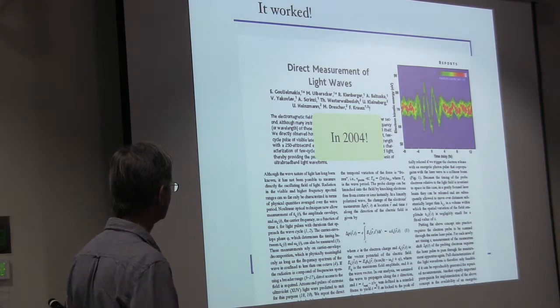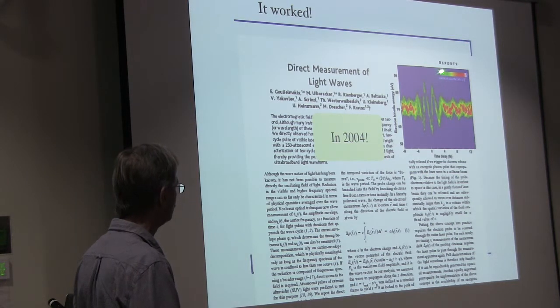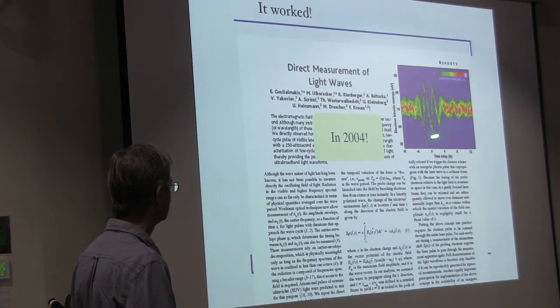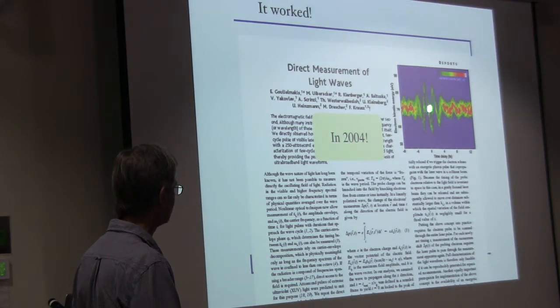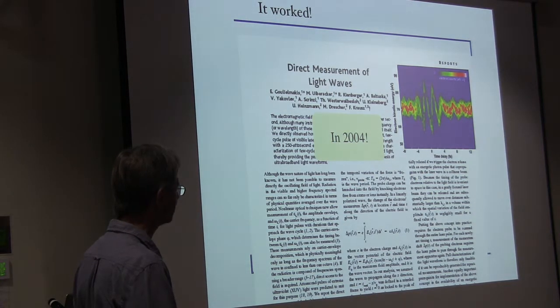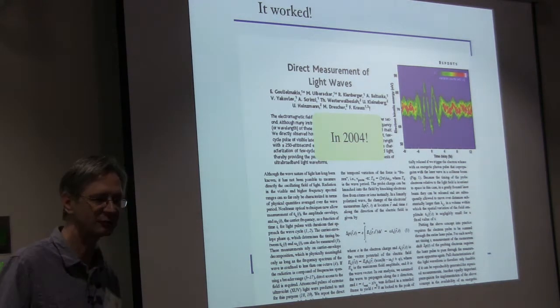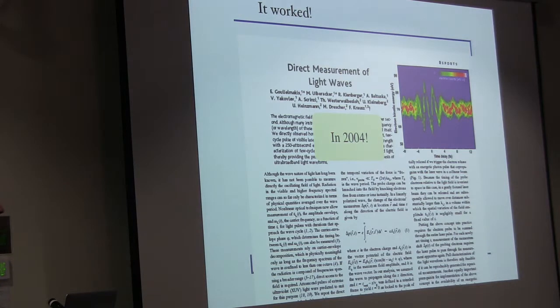They had CEP control, and they used the XUV light to measure the IR laser oscillation. So the fact that they can measure this IR laser oscillation perfectly like that tells them that they have just one pulse. Their prescription worked.